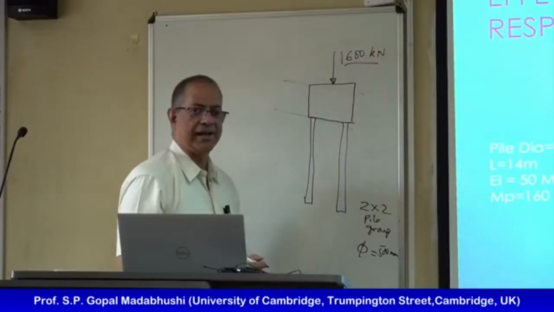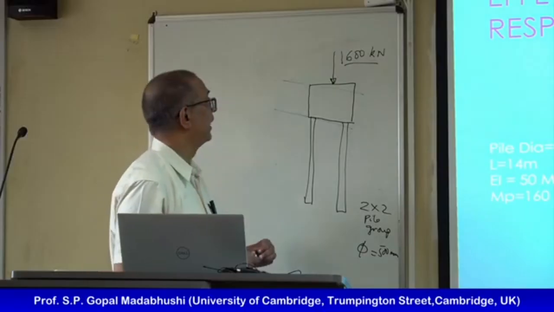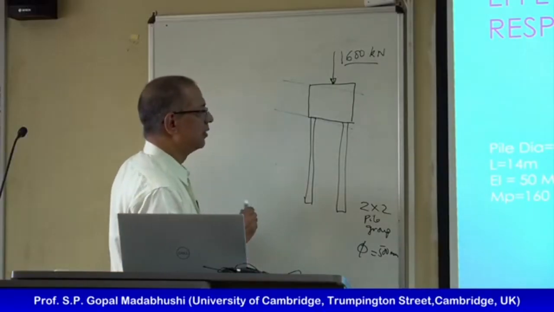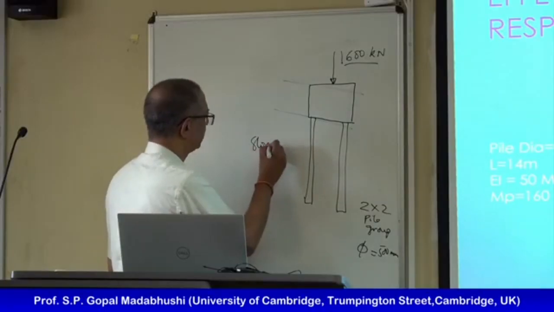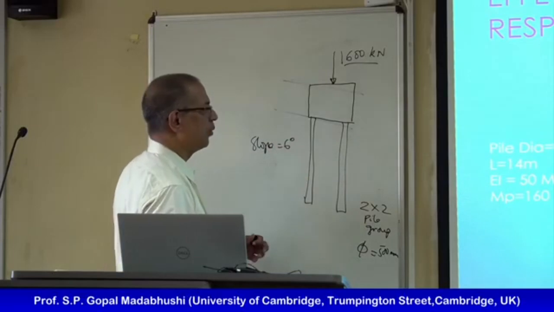So that's a fairly lightly loaded pile for that diameter. Okay, and the slope, let's keep it the same, 6 degrees. And so work out the bending moments.